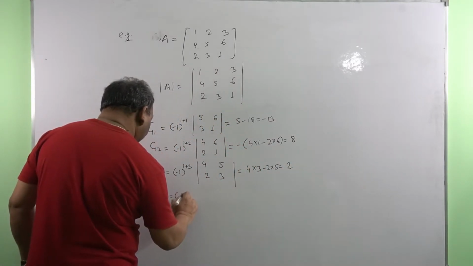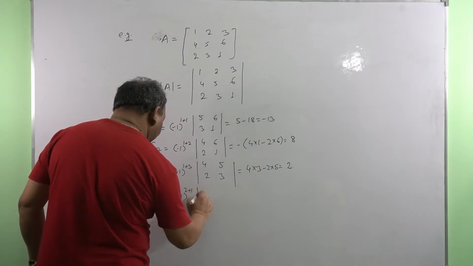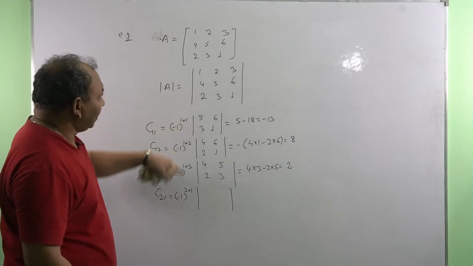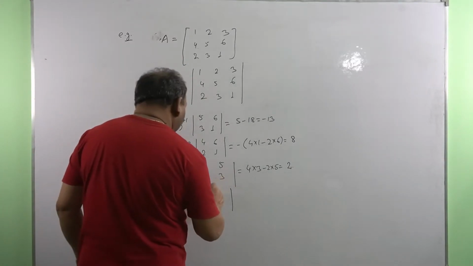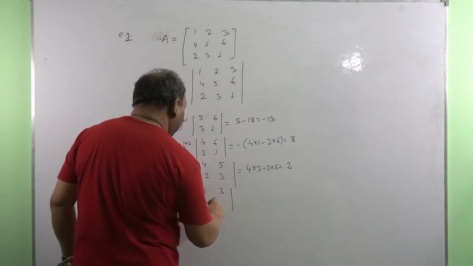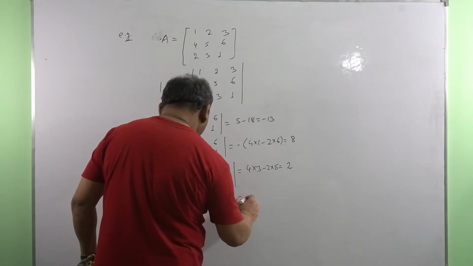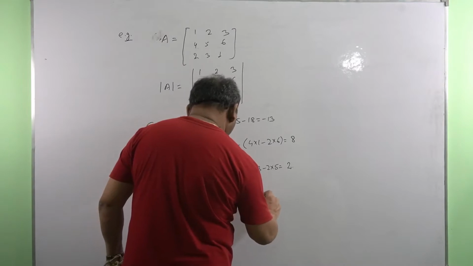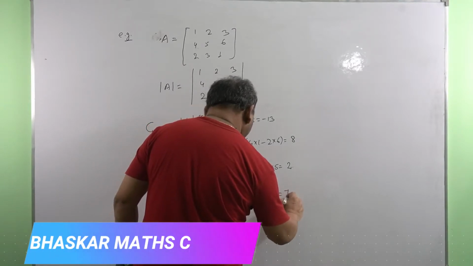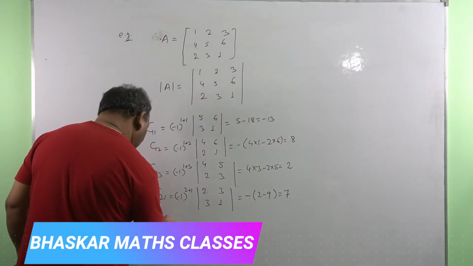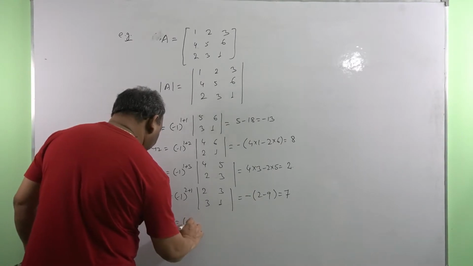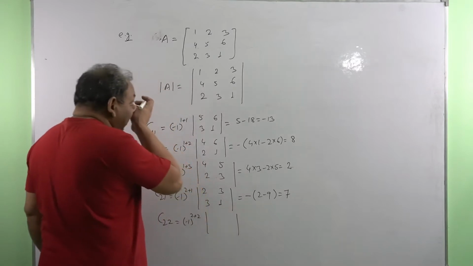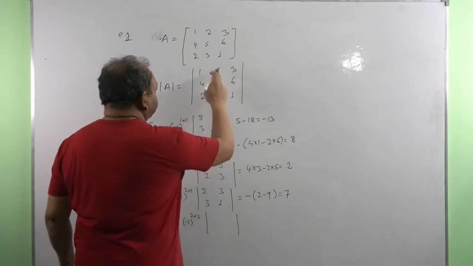C21, minus 1 raised 2 plus 1, hiding second row, first column. We will get the determinant 2, 3, 3, 1. So this will be minus of 2 minus 9, that is plus 7. C22, minus 1 raised 2 plus 2, hiding second row, second column.